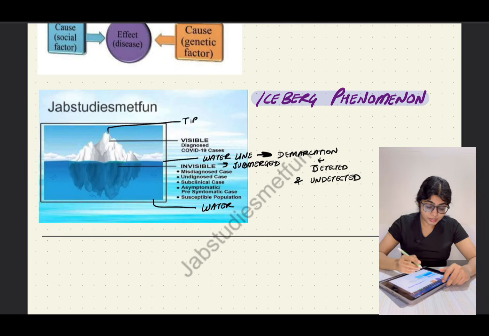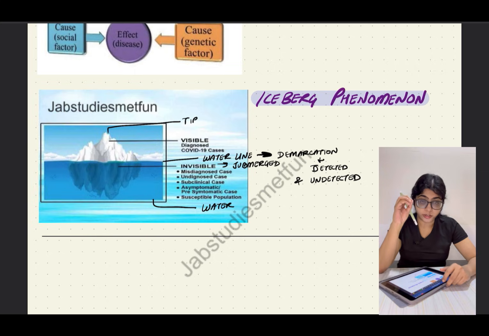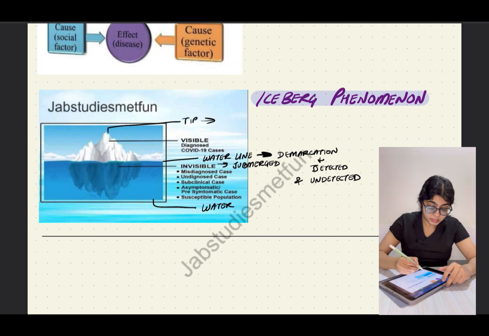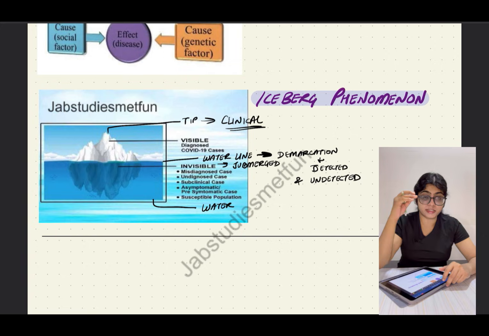The visible cases are the ones that are diagnosed. The visible cases are the ones that are caught. The tip of the iceberg are the ones that are actually the clinical cases. They are the definition of the disease.